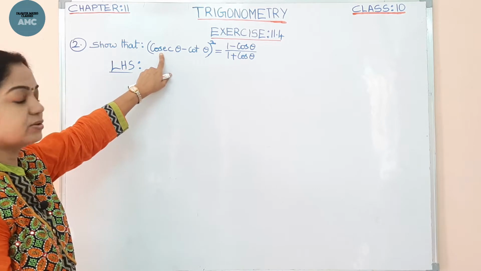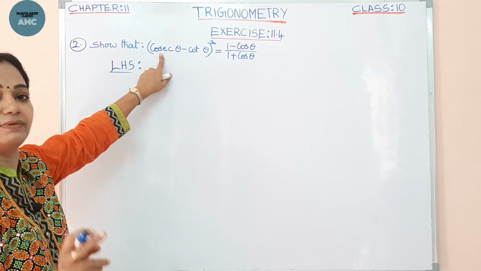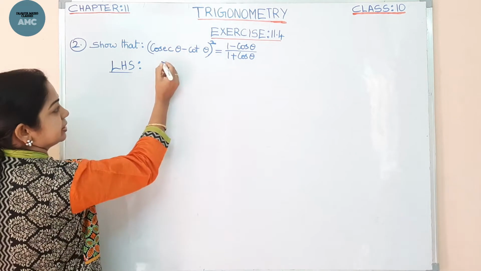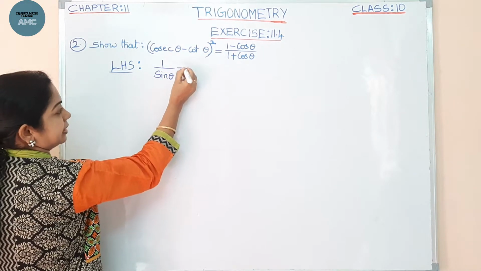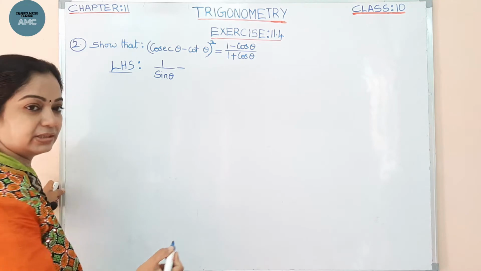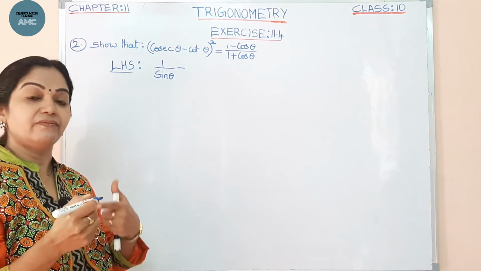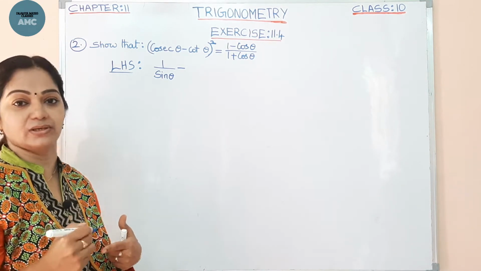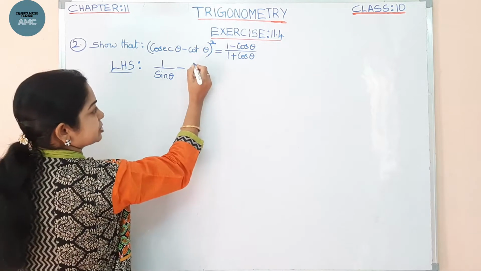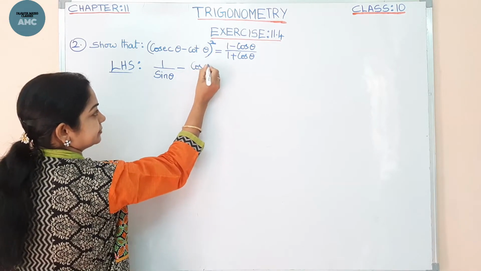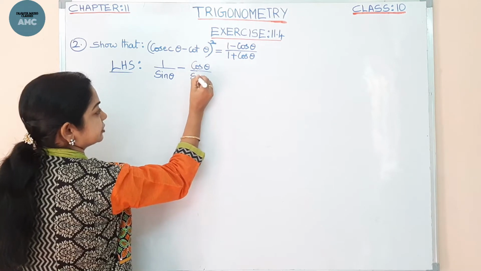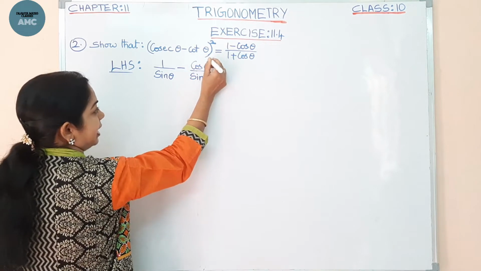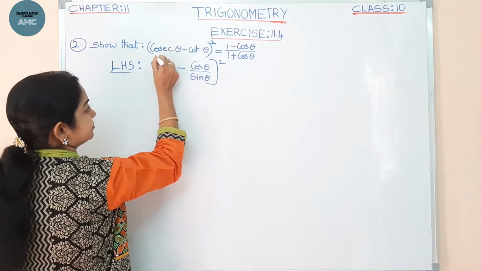Now, we know that cosecant theta is the multiplicative inverse of sine theta, so 1 by sine theta. And cot theta is the multiplicative inverse of tan, where tan is sine by cos, so this comes to cos by sine theta, and also whole square is given.